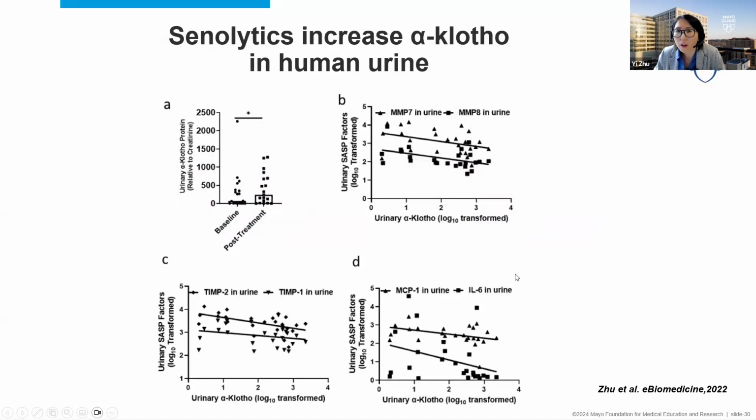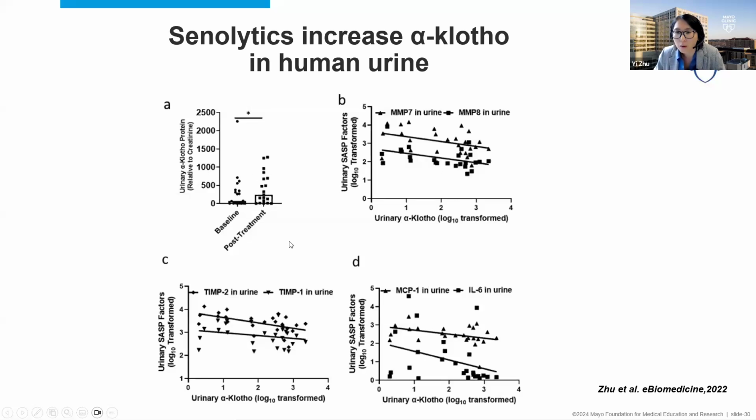And then we also looked into how senolytics change alpha-klotho in humans. As I mentioned earlier, the first trial tested the efficacy of D plus Q in IPF patients. In those patients, I also measured alpha-klotho in the urine. We indeed found that D plus Q can significantly increase alpha-klotho after treatment, as you can see here in humans.